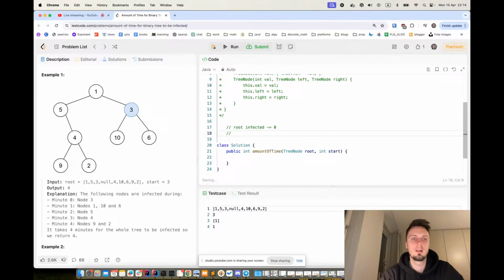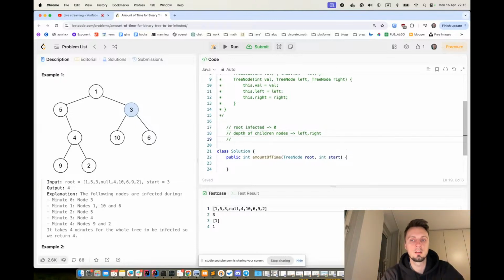Then we need to find the depths of the 2 children nodes, left and right.